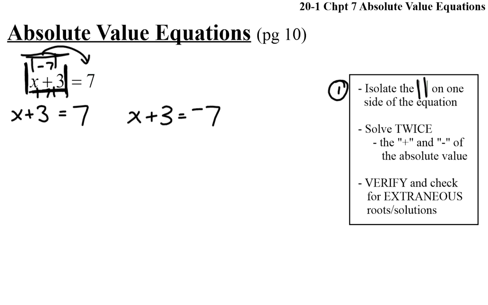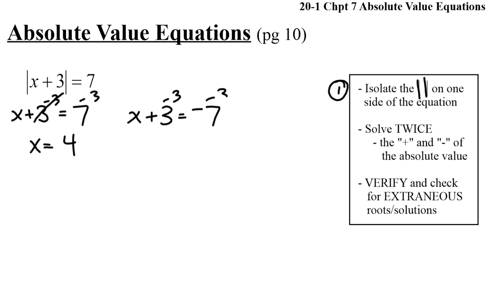That's the trick. You're going to have to do 2 algebra questions for each. If I solve, subtract 3 from both sides, x is equal to 4. Here, subtract 3 if I solve this one, and x would equal negative 10. So we solved twice.